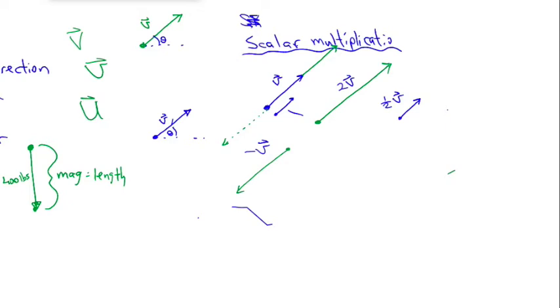All right, so the next thing up is what does it mean to add two vectors? For instance, if I have a vector here going in that direction, let's call that v. And I have another vector here going in this direction, w.